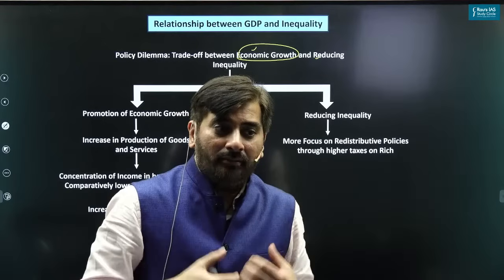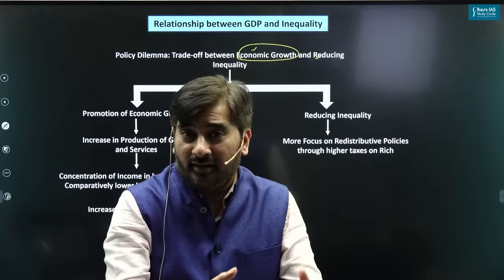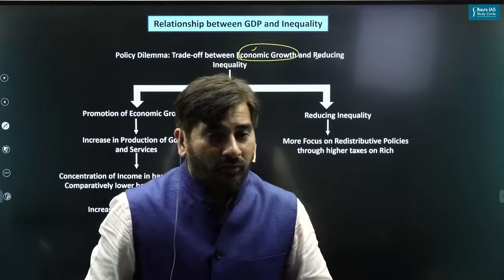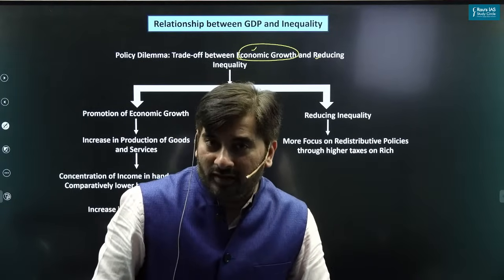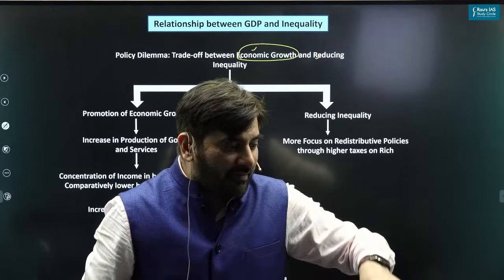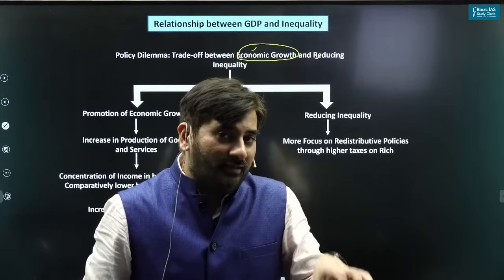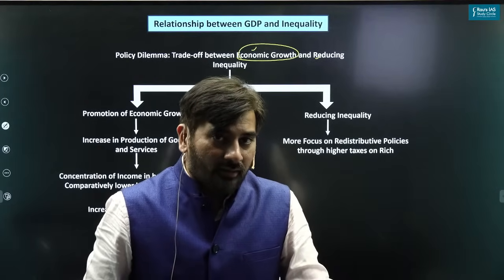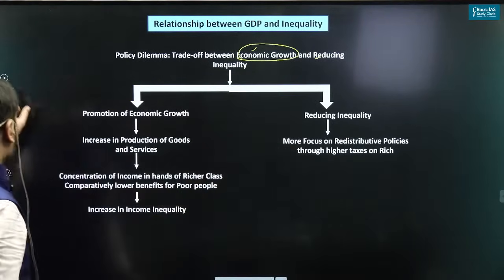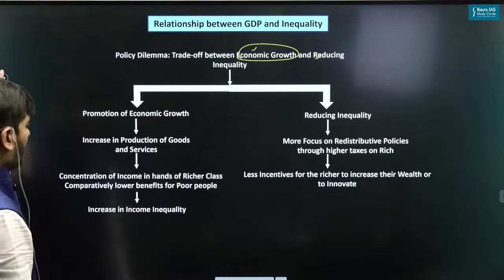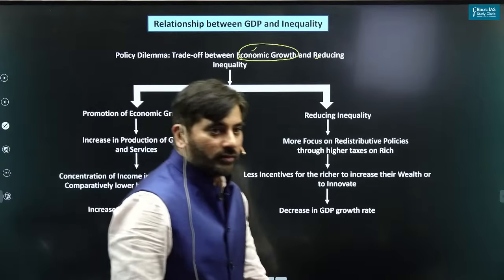It is not spending money on creation of infrastructure projects, particularly in its initial stage of development. So if you don't spend money on infrastructure projects and you tax the richer very high, it will discourage innovation. It will discourage creation of wealth. That is why, when we focus more on redistributive policies, this will lead to a decrease in GDP growth.